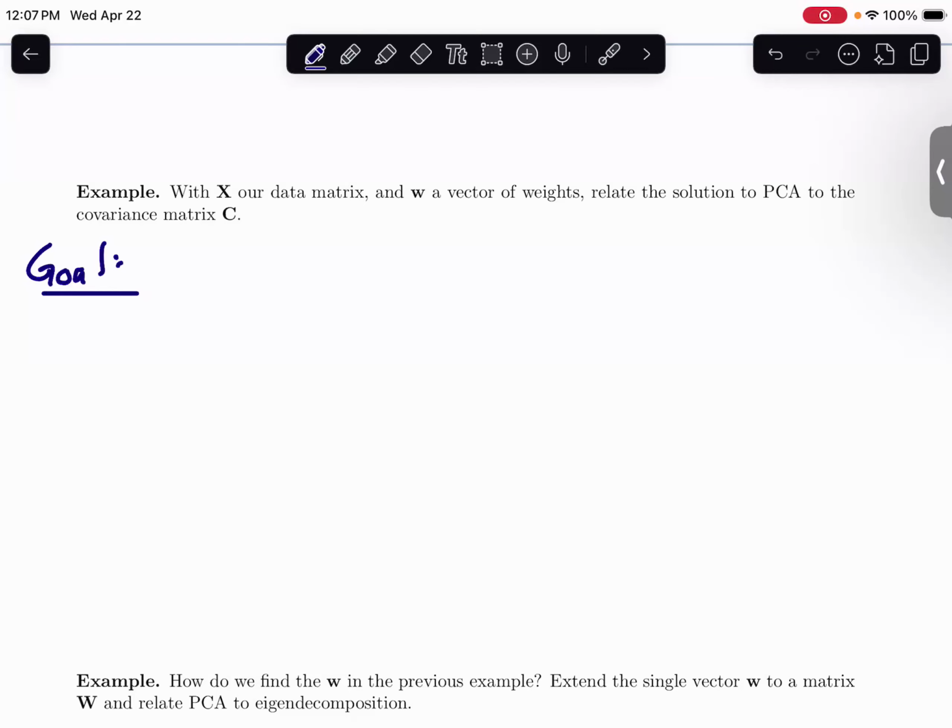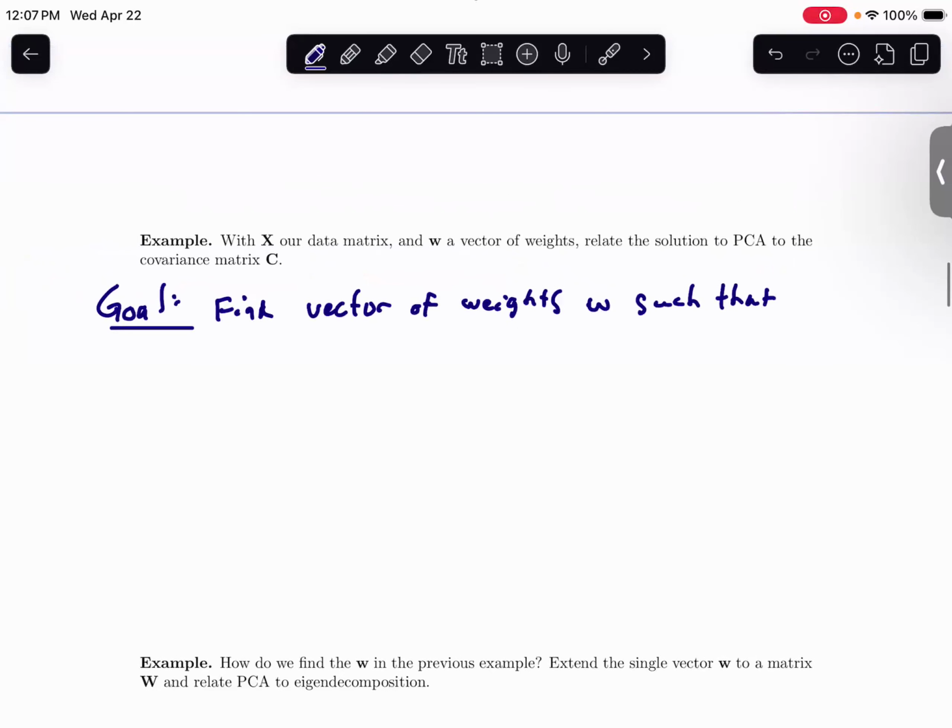When I'm talking about a solution to principal component analysis, or PCA, we want to find a vector of weights W, that's the W given to you, such that X times W is going to have maximal variance.